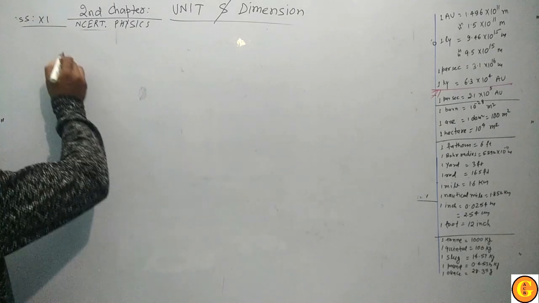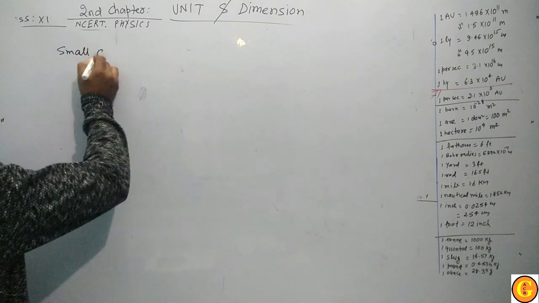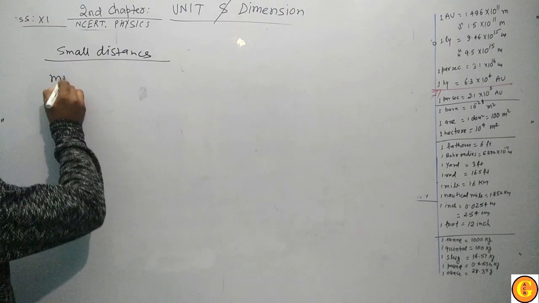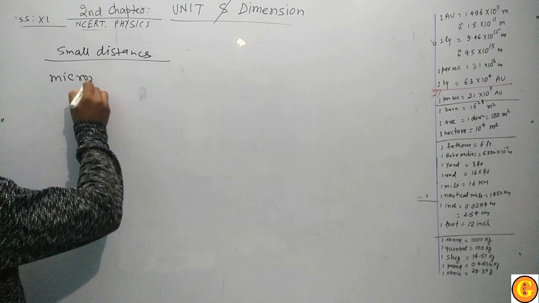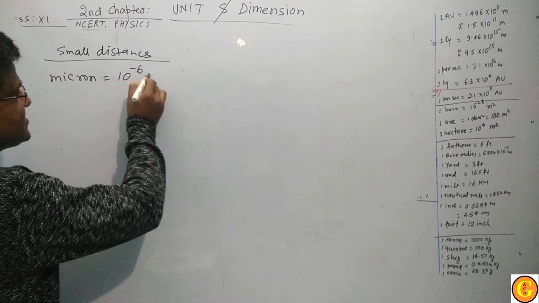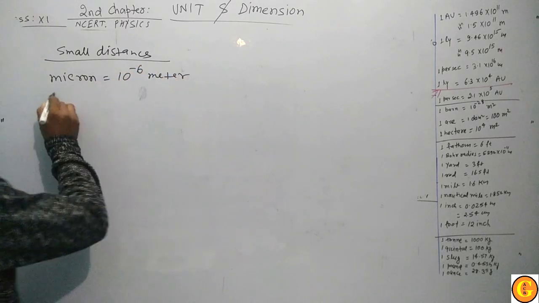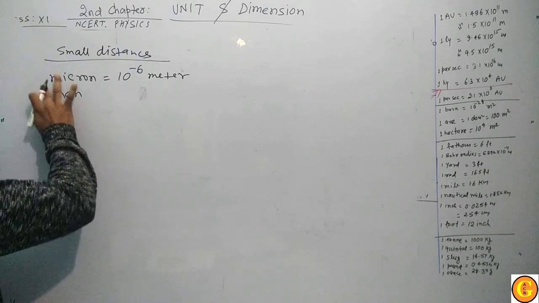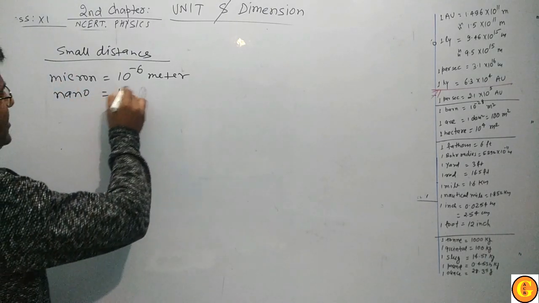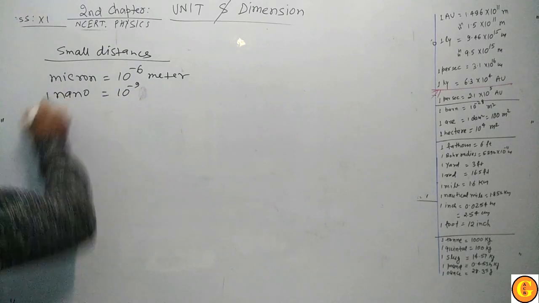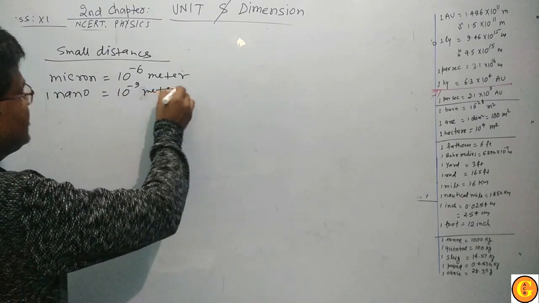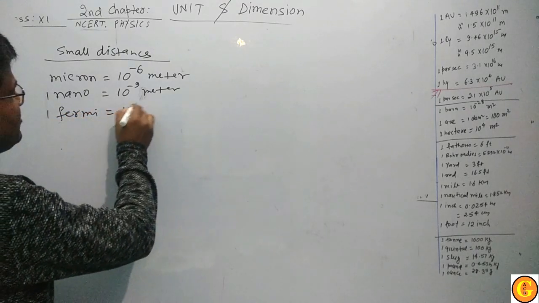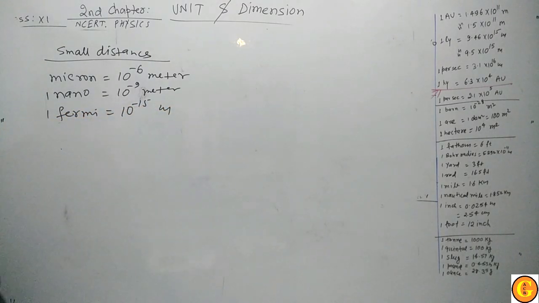And now some small distances. A small distance is just like a micron. Micron means 10 to the power minus 6 meter. Nano, 10 to the power minus 9 meter. 1 Fermi is equal to 10 to the power minus 15 meter.